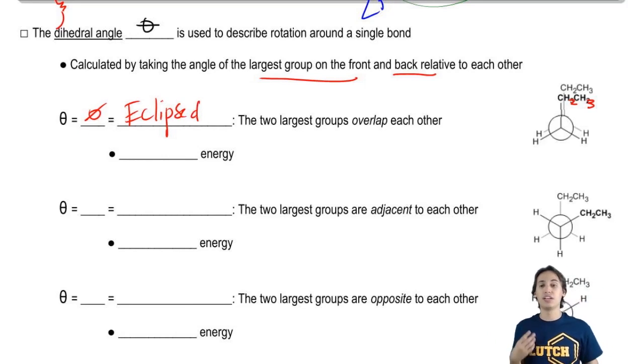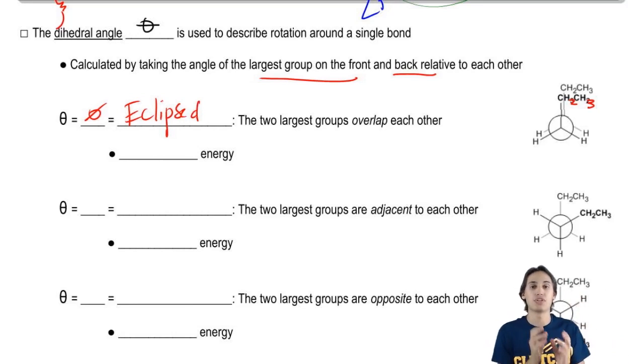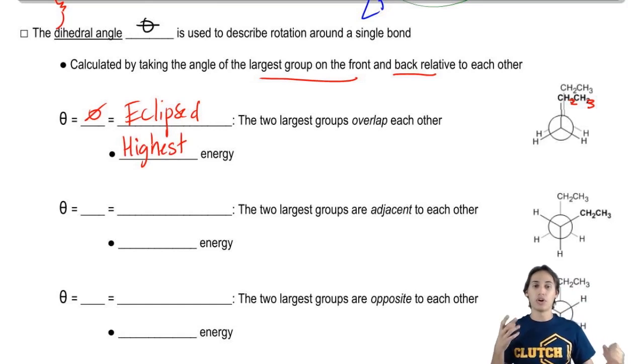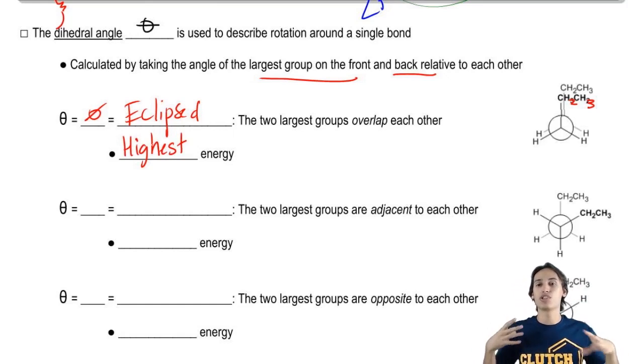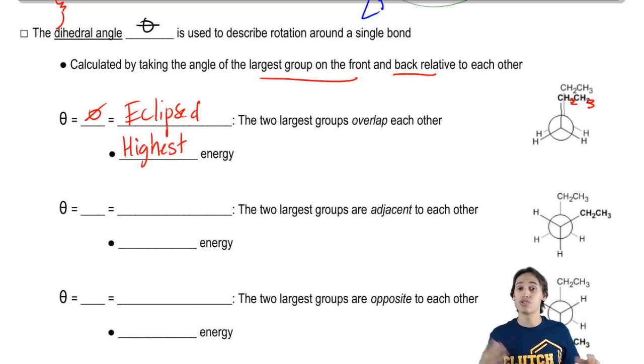The eclipsed conformation is the one where both of the groups overlap each other perfectly. This happens to be the conformation with the highest energy. Why would that be? Well, it turns out that large, bulky groups don't like to be next to each other. Why? Because they feel crowded. Remember that big, bulky groups don't just have atoms, they also have electrons.